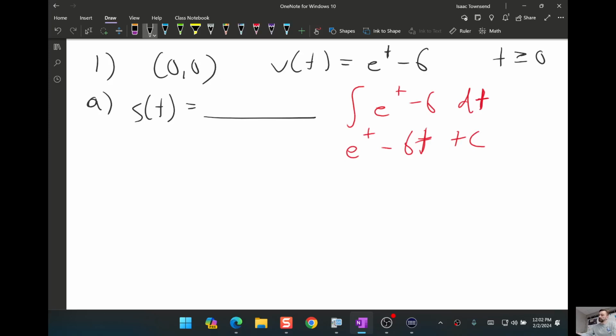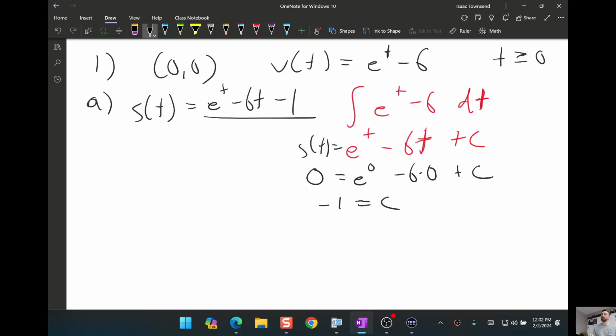Because we have this point, we can say when y is 0, t is 0. That allows us to figure out that c is negative 1, and the answer to part A would be e to the t minus 6t minus 1.